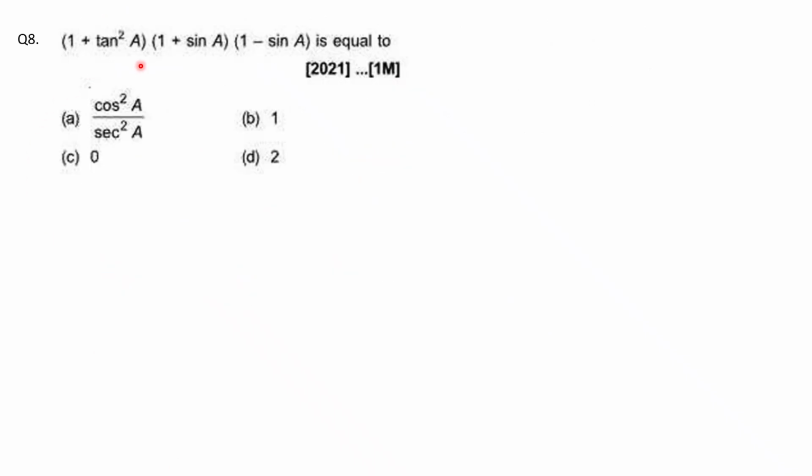Question number 8, 1 plus tan square A into 1 plus sin A into 1 minus sin A. So 1 plus sin A, 1 minus sin A is in the form of A plus B and A minus B. So you have to write it in the A square minus B square form.